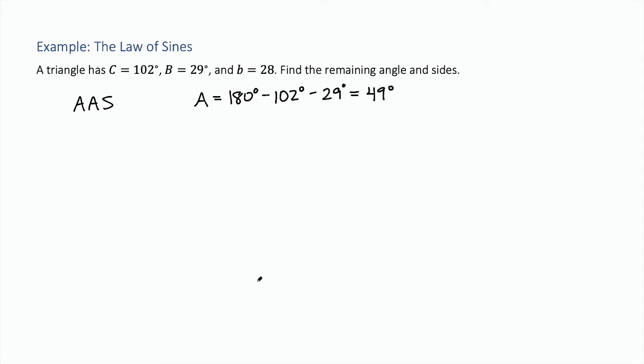Now, we don't have to draw a picture, but you can if you want, and it might be a good practice to get into, especially because there's a later case where a picture is always going to be very helpful. So we could draw here. We've got an angle C that's an obtuse angle, and then we've got the other two angles.